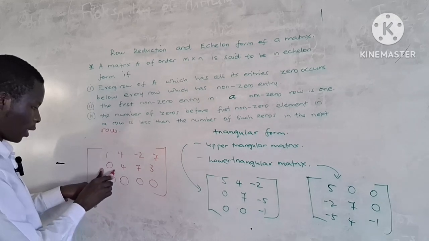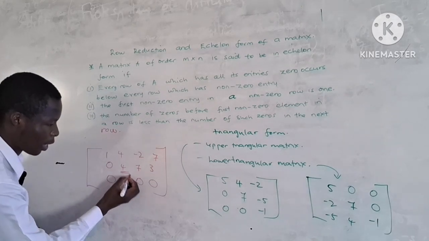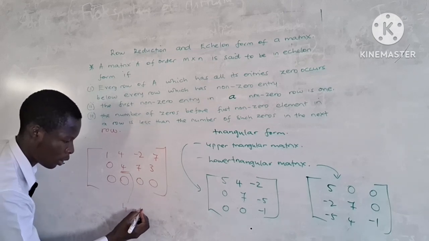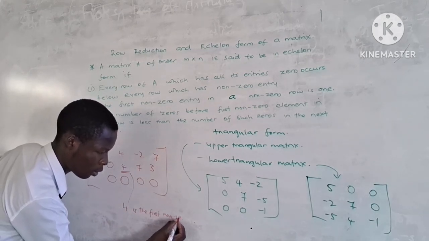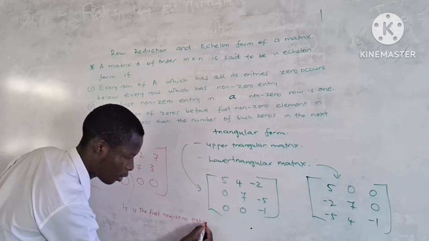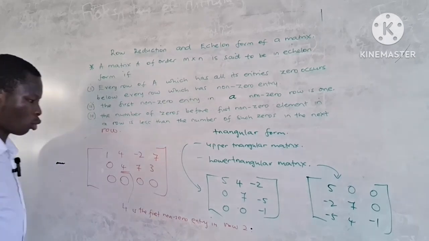If you check here, this is the first non-zero element. So 4 is the first non-zero entry in row number 2.